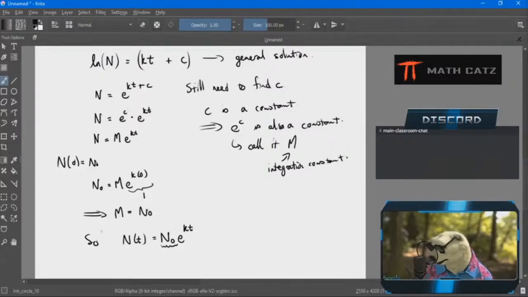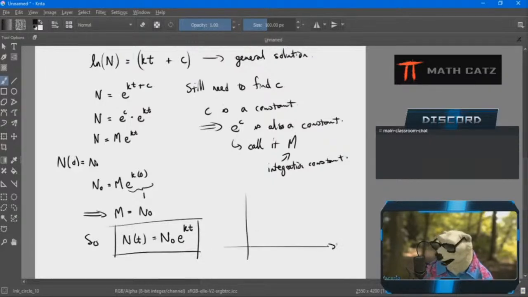So it's just a nicer constant to see in my function. So there is my population growth model's answer. And this is why they call it exponential growth, because it's an exponential function.